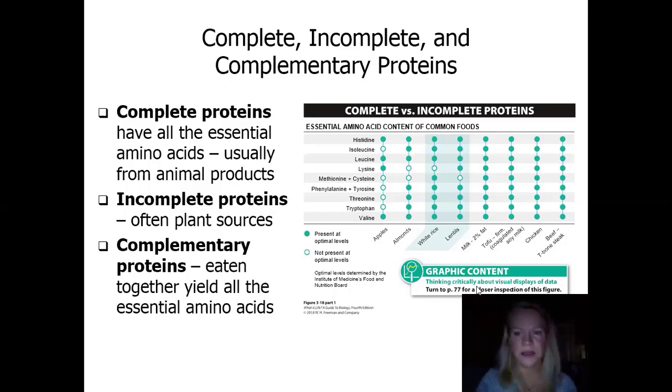I'm not a vegetarian or a vegan. In fact, they have to be really careful with getting everything they need, because the easiest way to get all your amino acids is from some animal products, like you see here, milk. Right? You get all the essential amino acids. So maybe that's why milk is one of those things that's often given for the free or reduced programs for food for kids, because it is an easy way.